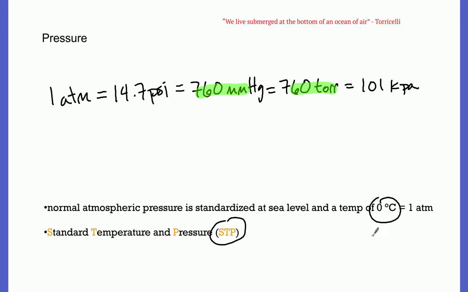Now, we're not really going to use 0 degrees Celsius very frequently because a lot of the equations that we're going to work with in the near future, I have to use Kelvin. So I'm actually probably going to think of 273 Kelvin for standard temperature because that's what 0 degrees Celsius is in Kelvin. So anytime you see that STP in a problem in the future, you have to use one of those pressure units from above and 273 Kelvin. So you're going to see that pop up pretty frequently. You need to know those things.